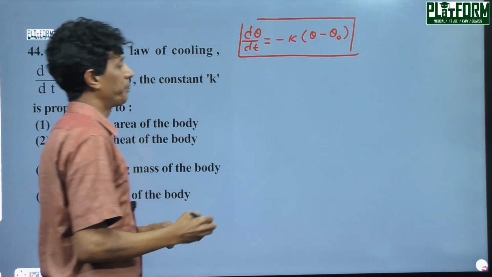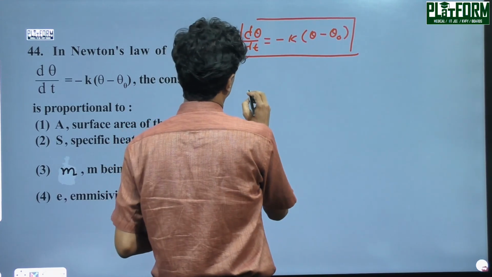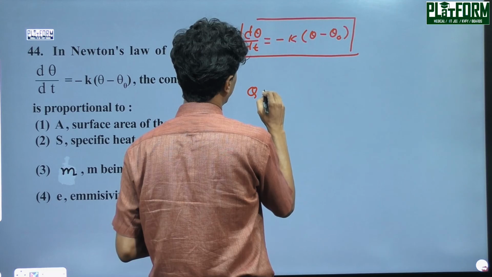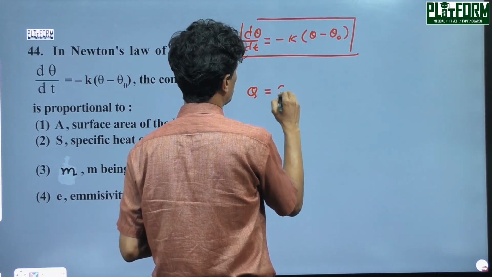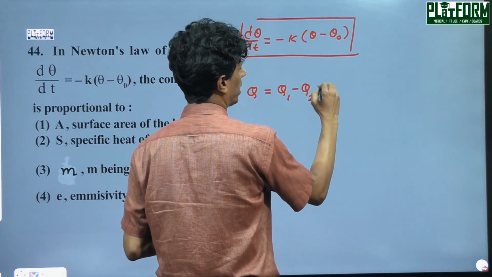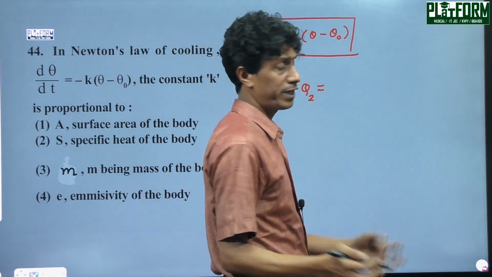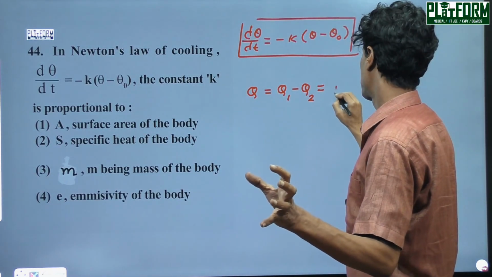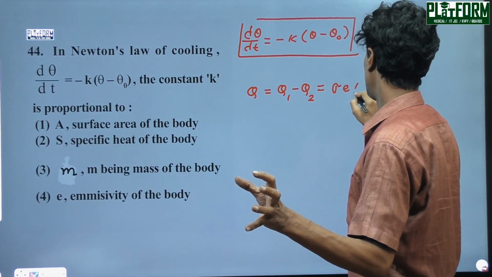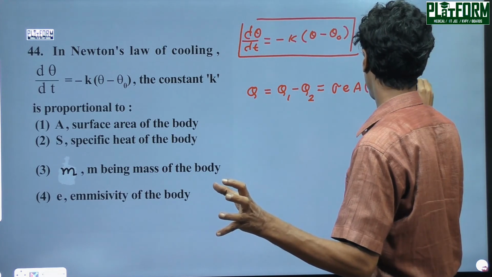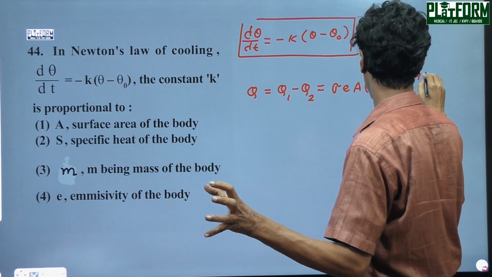But the net heat radiated, Q1 minus Q2, by the body as per the Stefan-Boltzmann law is sigma E A into T to the power 4 minus T naught to the power 4.